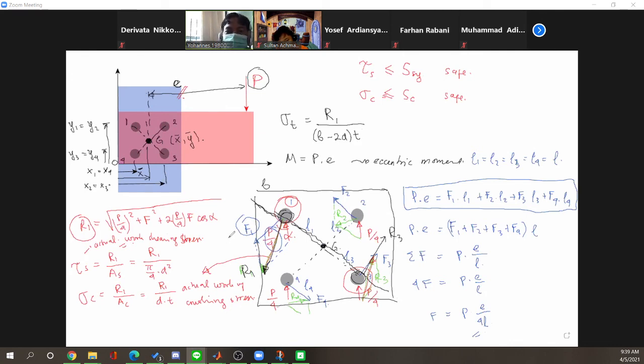Okay, so this is the working tensile stress on the plate. So you have to compare this with the tensile strength of the plate in order to be safe. That's how we calculate this, Adin.